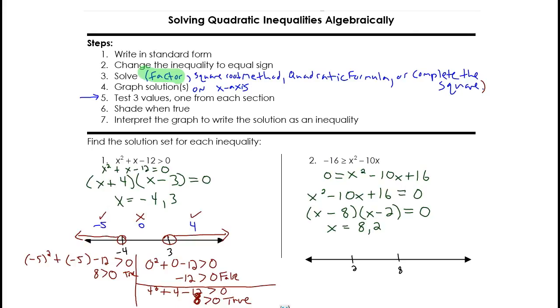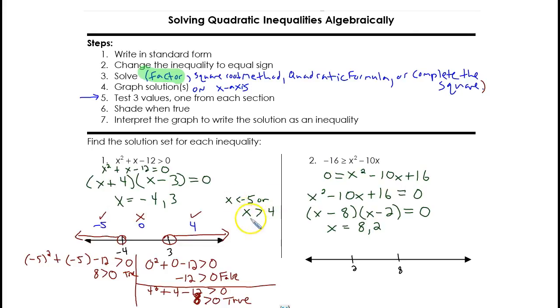If you think back to our beginning inequalities, this is an or problem, right? It would be x is less than -5, or x is greater than 4.